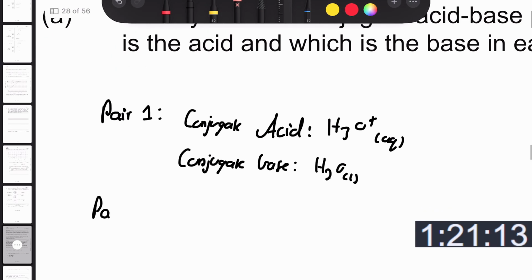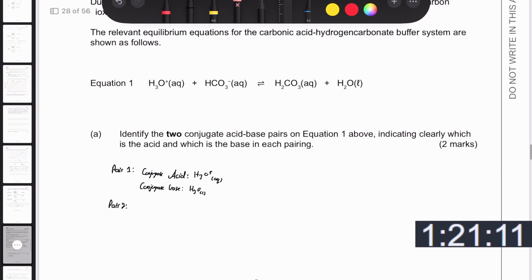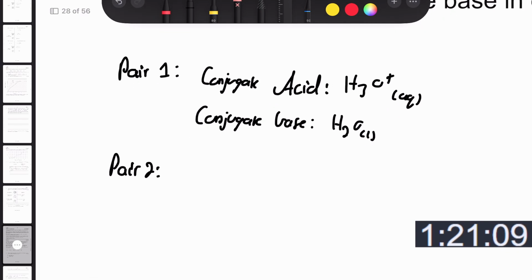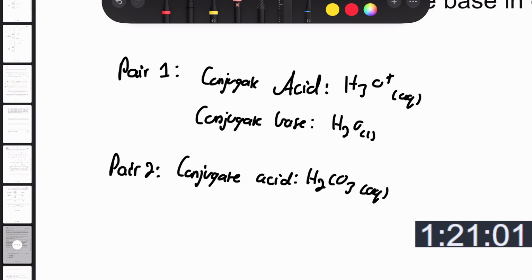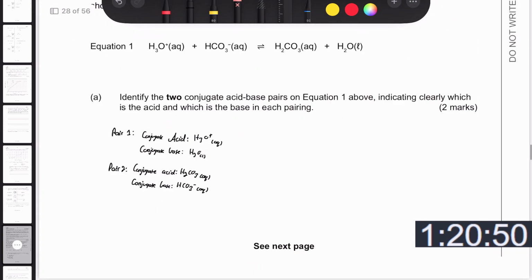And then for pair 2, conjugate acid is H2CO3, and then conjugate base is HCO3 minus, because that's accepting.